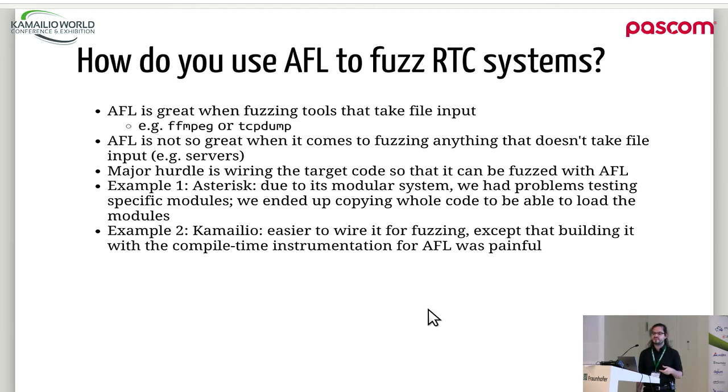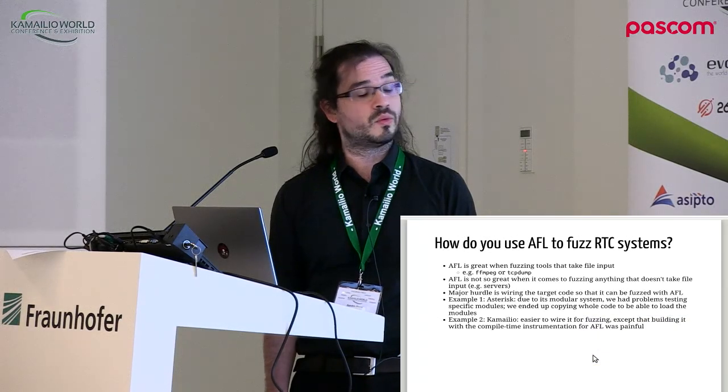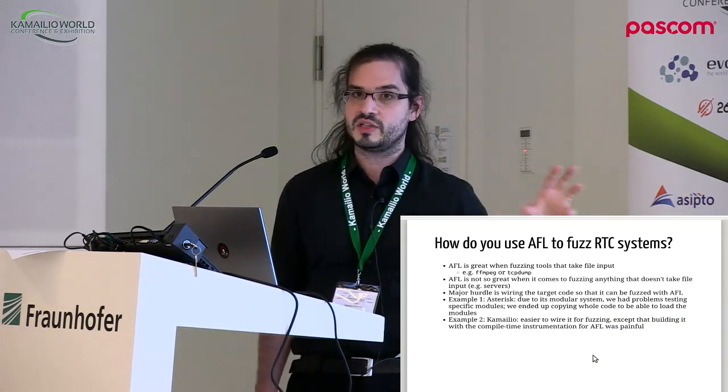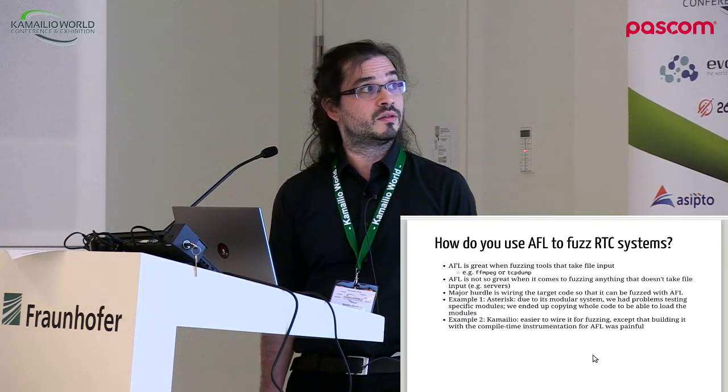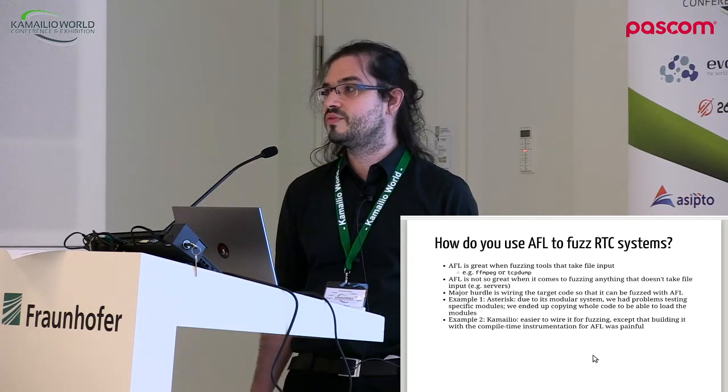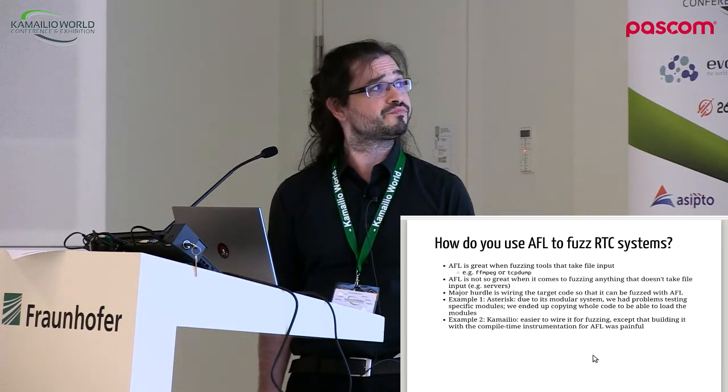Some people have converted the servers to take standard input as if it's coming from the socket, and so on. We took a different approach. We started isolating different parts of code that we wanted to target and wiring the code so that it can be fuzzed using AFL.